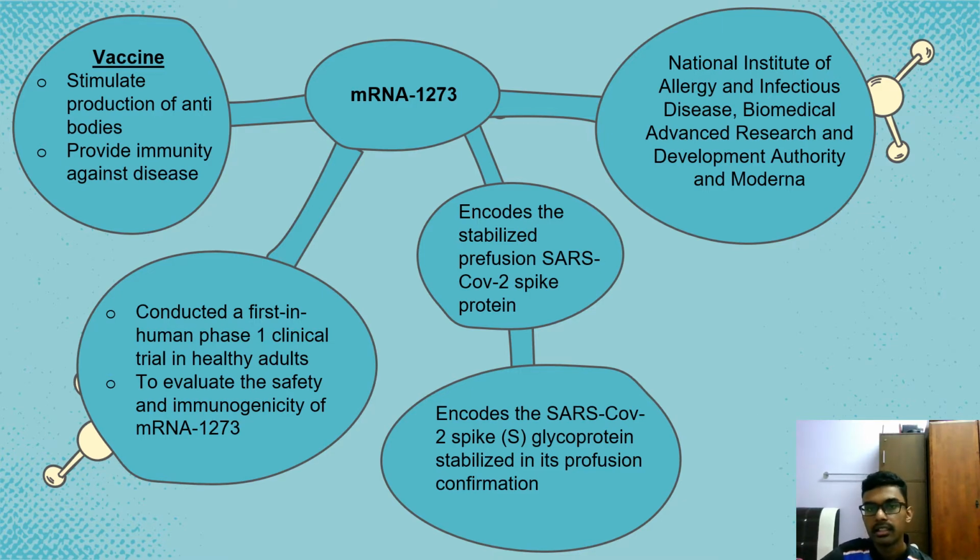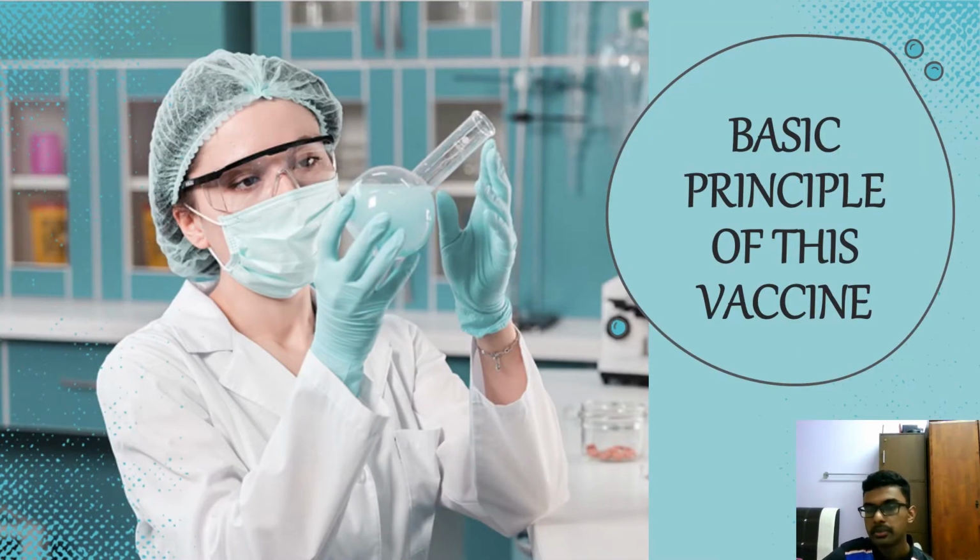Clinically, they have conducted a phase 1 clinical trial in healthy adults to evaluate the safety and immunogenicity of mRNA 1273. I'd like to end my part with a video regarding the basic principle of the vaccine. That's all from me. Thank you.